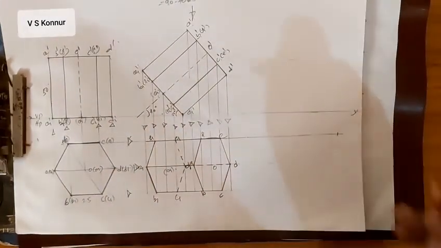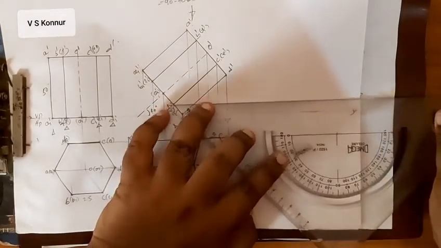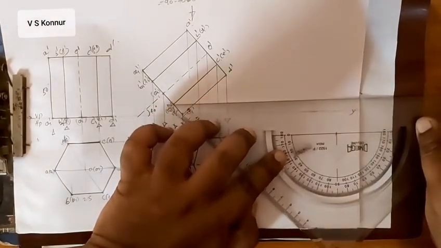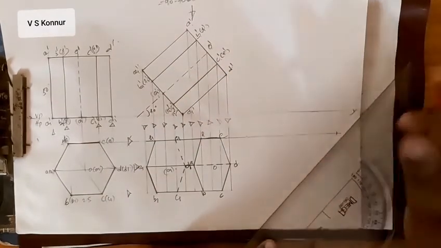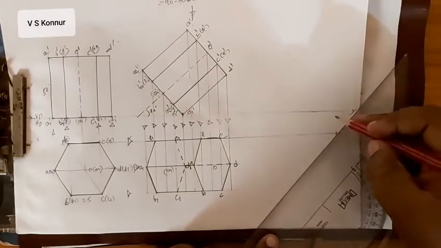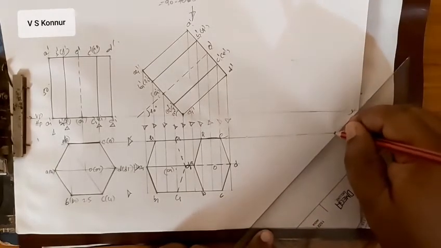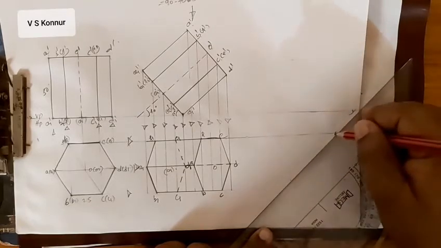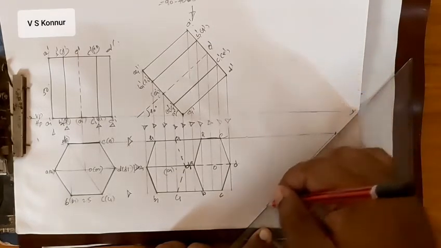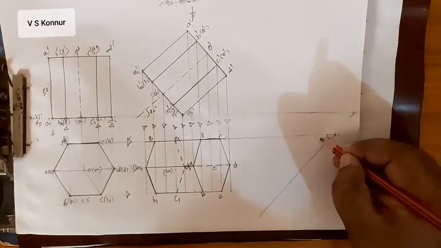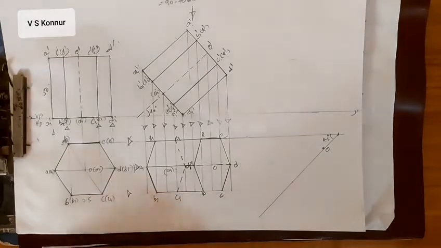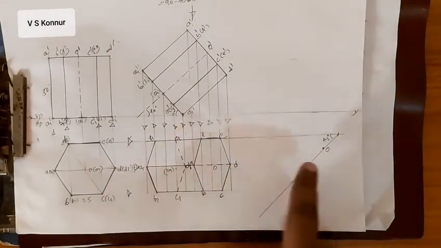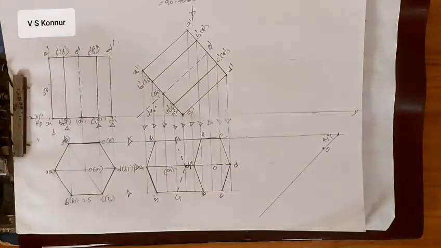We'll mark here and take 45 degrees, and extend. This is 45 degrees and we'll mark point O here and cut it by the O1 distance, because O1 is directly inclined, since the axis appears to be inclined is given in the problem.